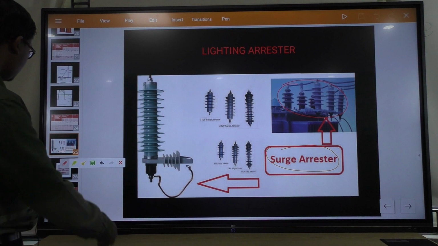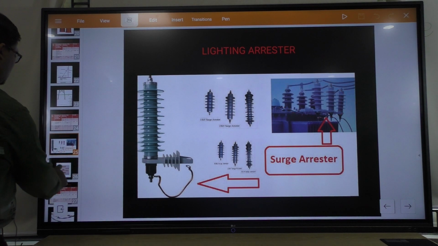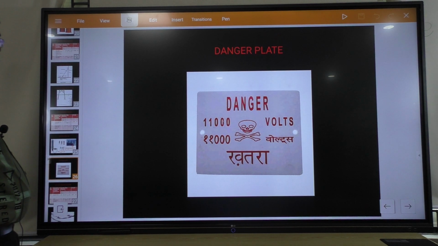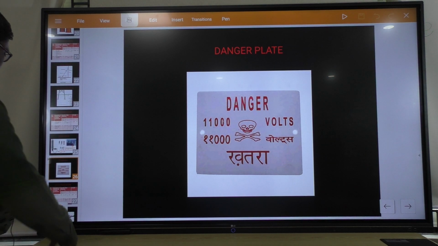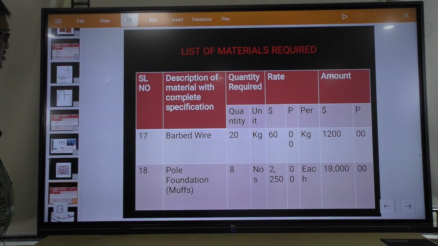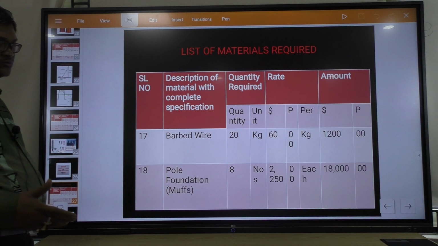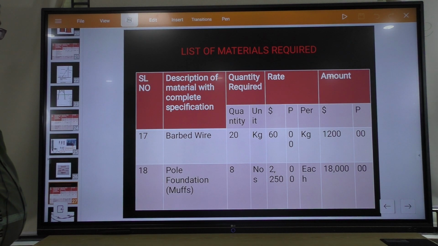Next, this is the 11 kV danger plate, written in red on a white background. Next, barbed wire, 20 kg required, so that unauthorized persons do not enter the H pole structure.